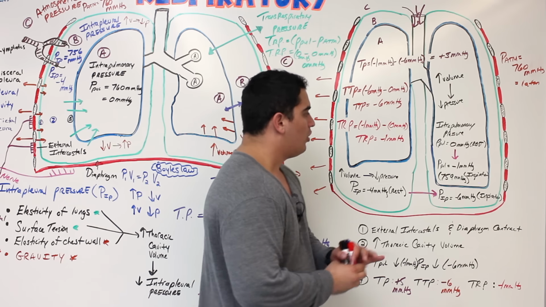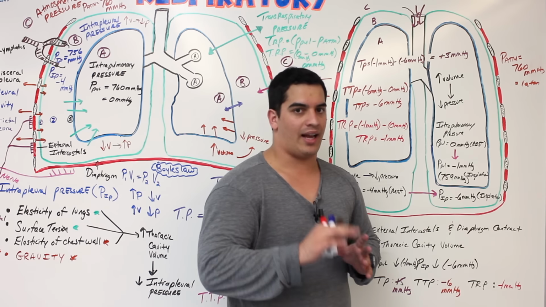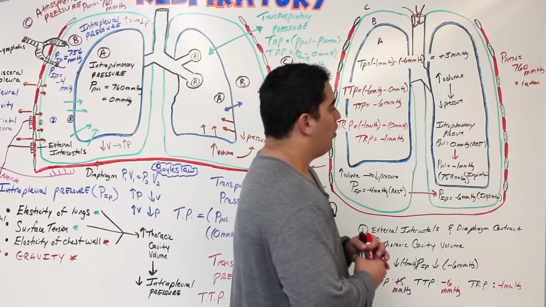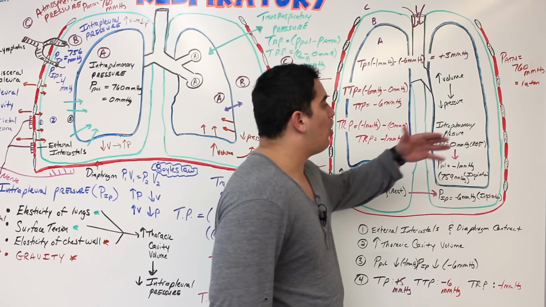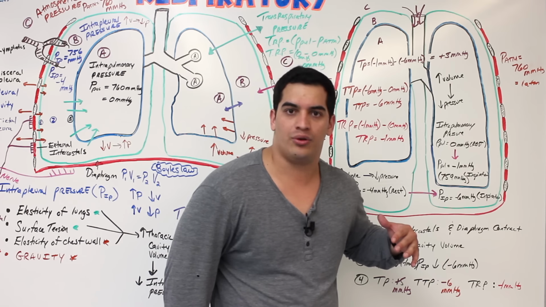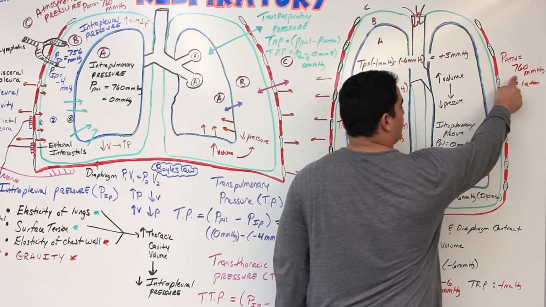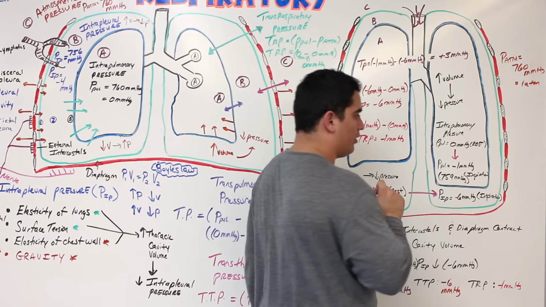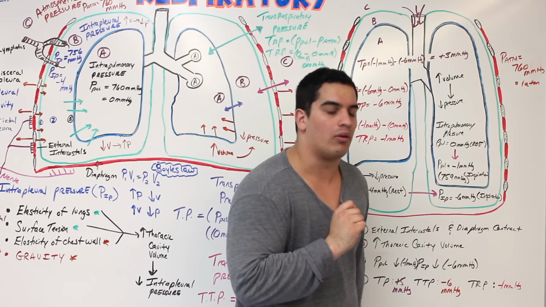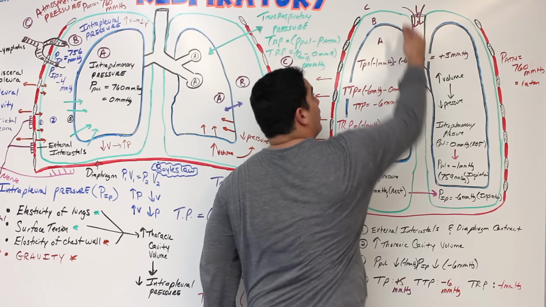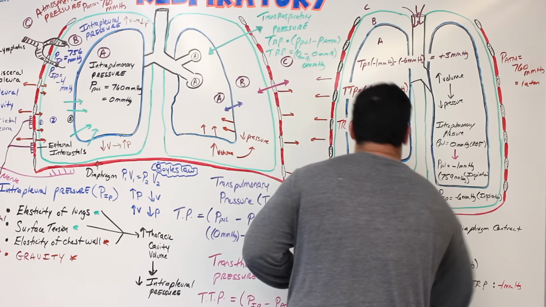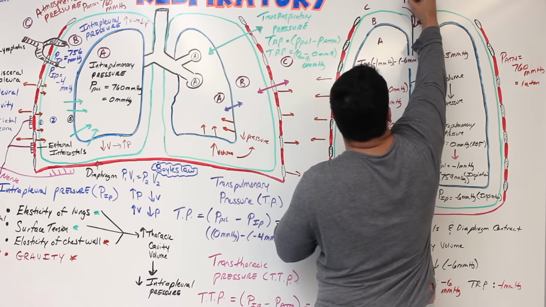Now, what is that law again? That actual law, Boyle's law. Or not even Boyle's law, just the law of diffusion. The law of diffusion. Things like to move from areas of high pressure to areas of low pressure. So where would the air want to flow? The air would want to flow inwards. And so now, look what happens here.